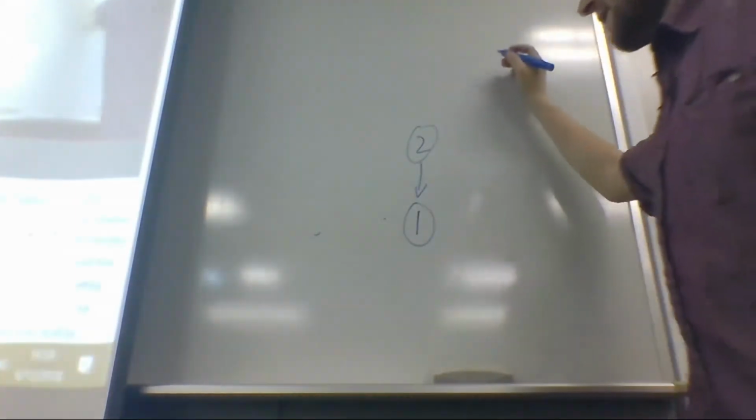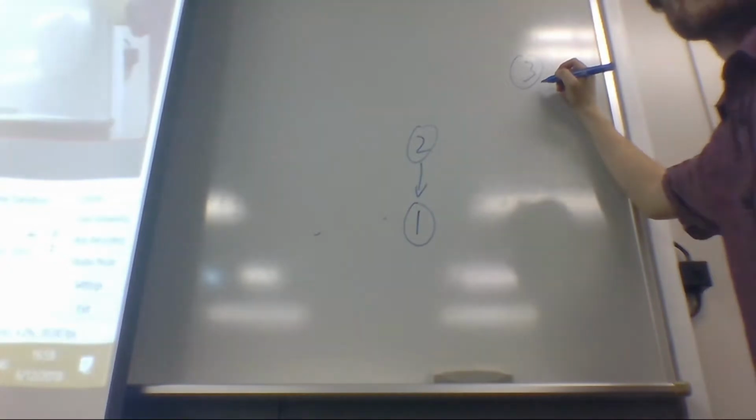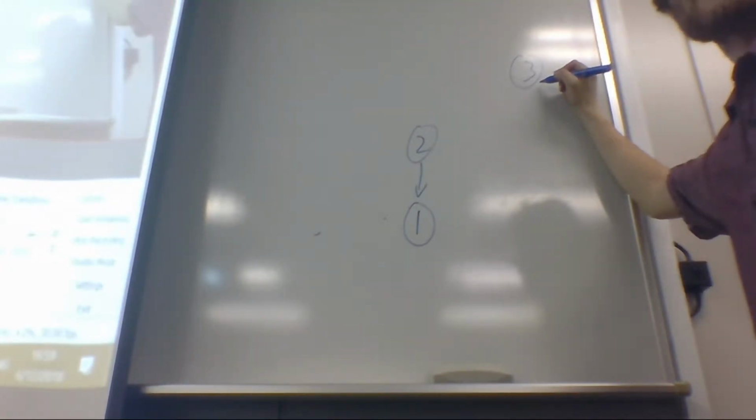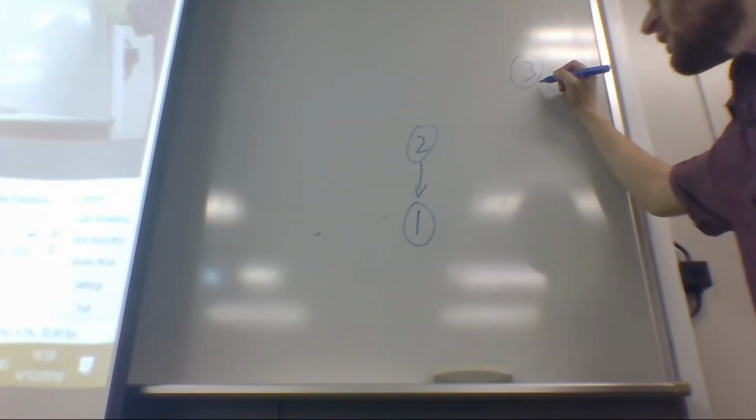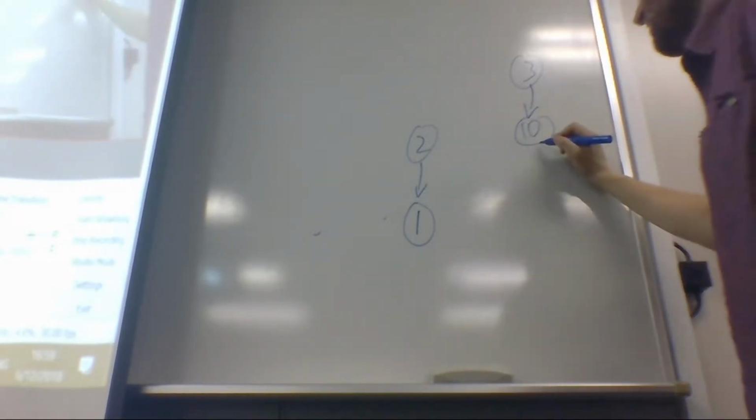Let's draw it out. Here I've generated some numbers. 2 goes to 1. 3 will go to 3n plus 1, so that goes to 10. 10 is even, so that goes to 5.